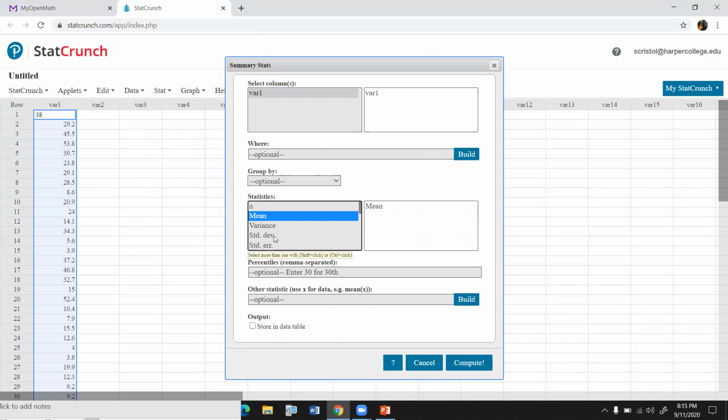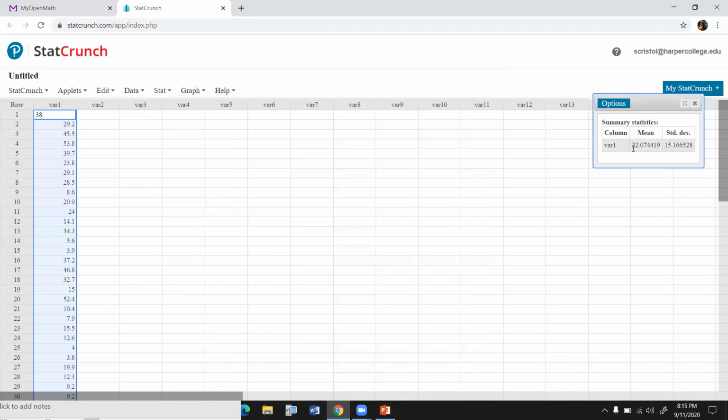In order to make sure I get the standard deviation also, I will hit Control and standard deviation. Okay, so you need to select standard deviation by hitting Control first. Okay, and then I will just say compute, and here is the information I need.